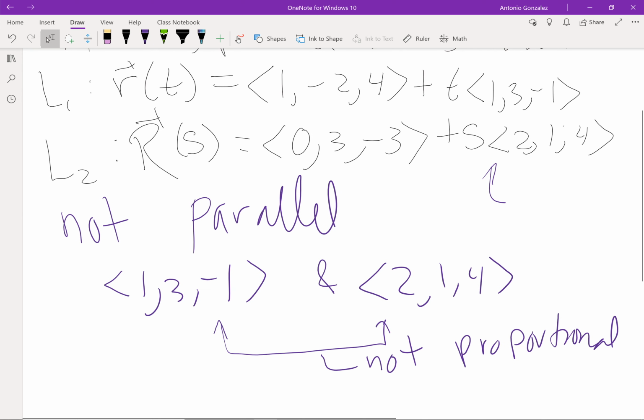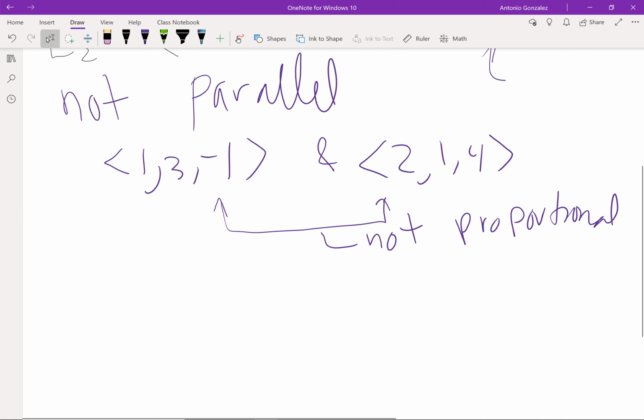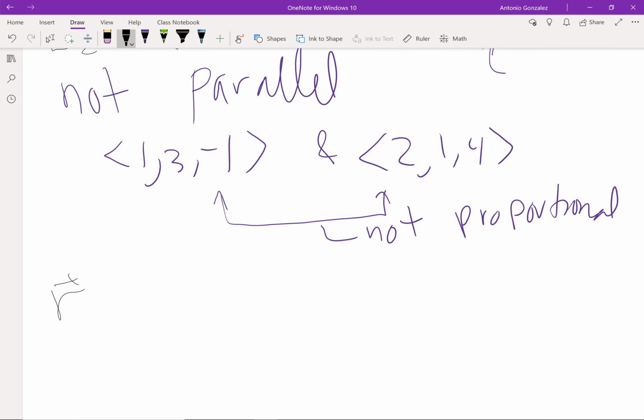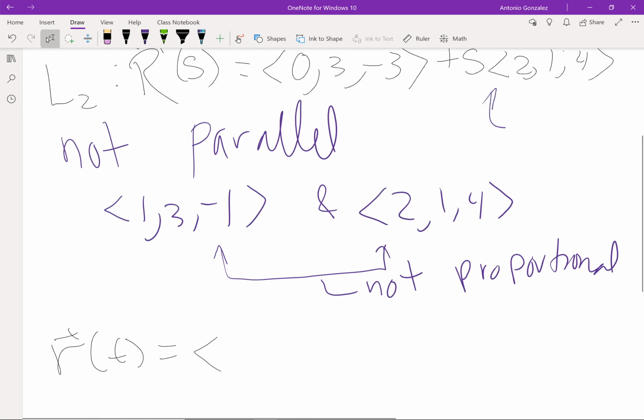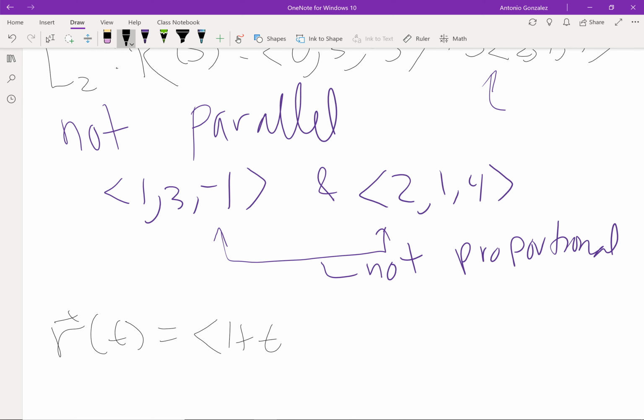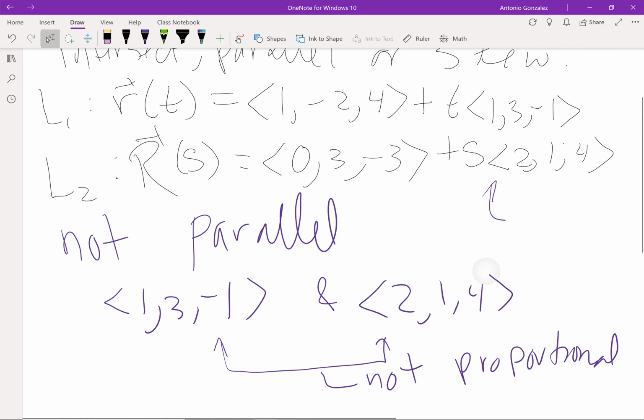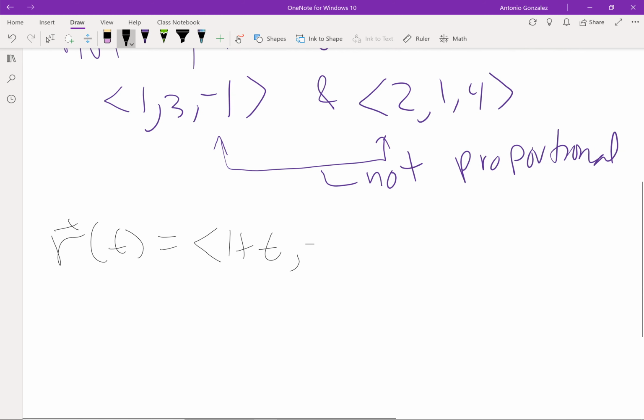If I take the first one, let's look at r(t). Let me write it as just one vector. We have <1 plus t, -2 plus 3t, and 4 minus t>.